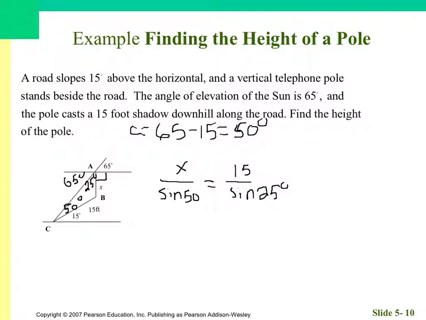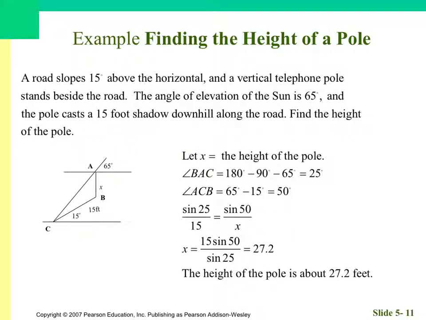So 15 divided by the sine of 25 times the sine of 50. x equals 27.19 feet. Let's see if we're right. They did 27.2, but yep. Okay. We'll see you guys tomorrow, ready to do law of sines.